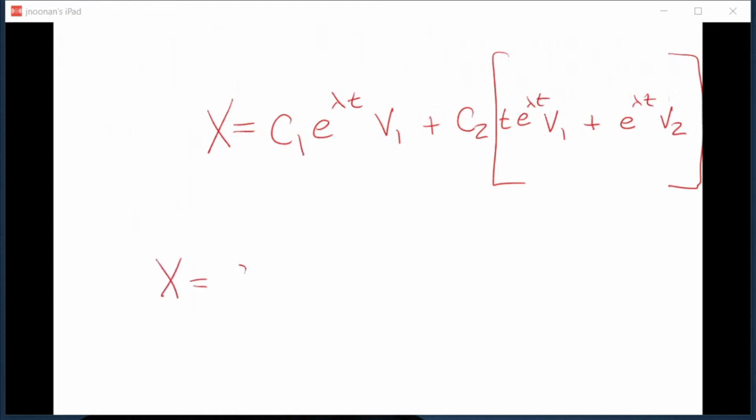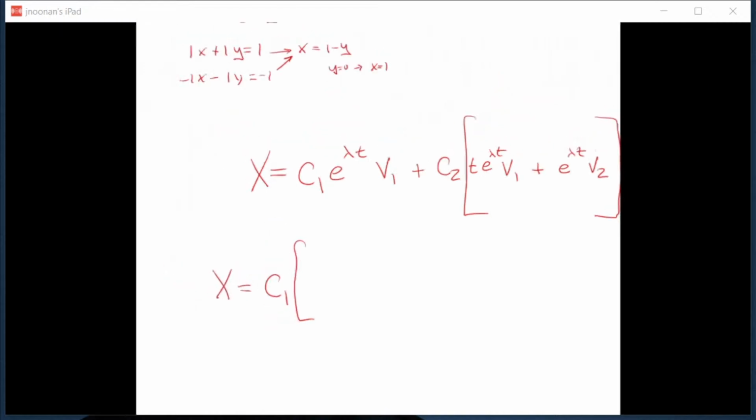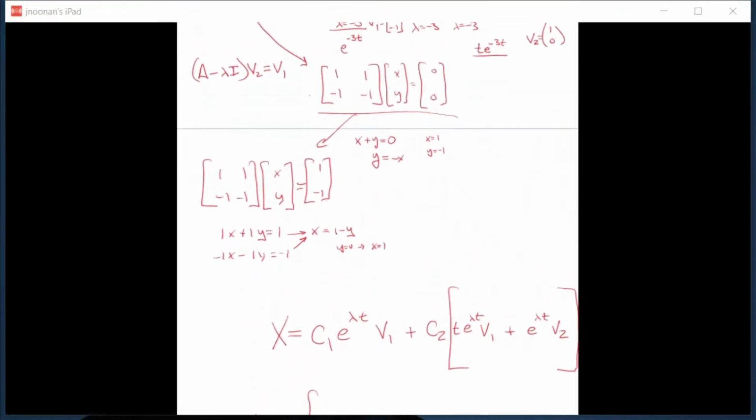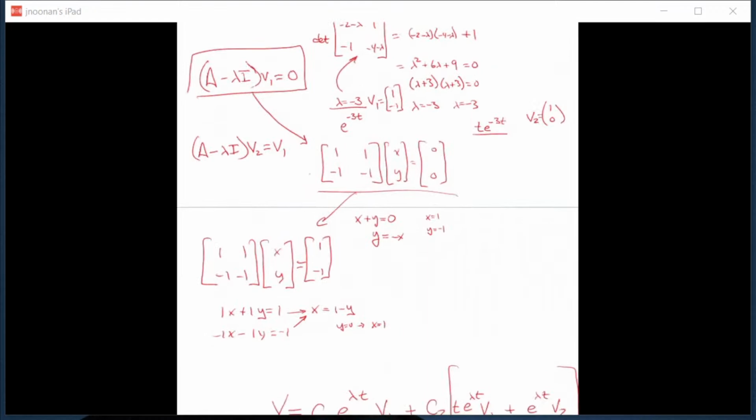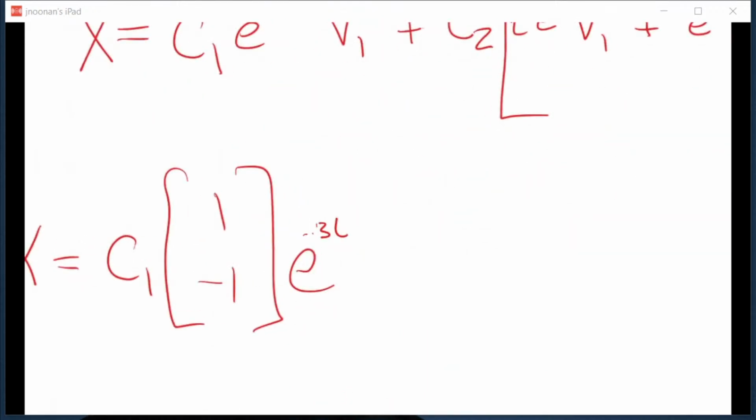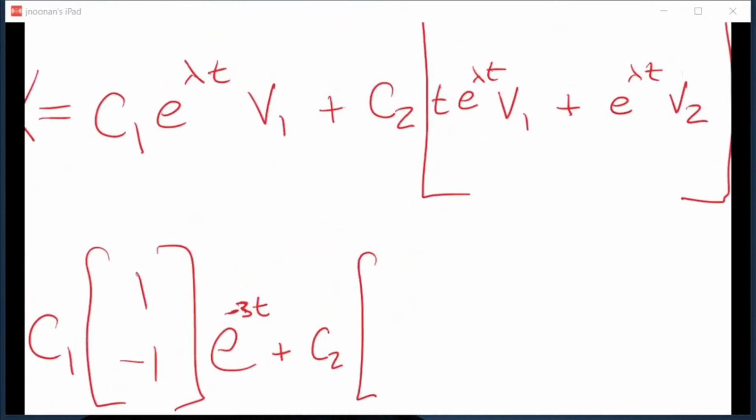So let's put it all together for this one. C1 times my original eigenvector, 1, negative 1, times e to the negative 3t, plus c2 times t e to the negative 3t times 1, negative 1.